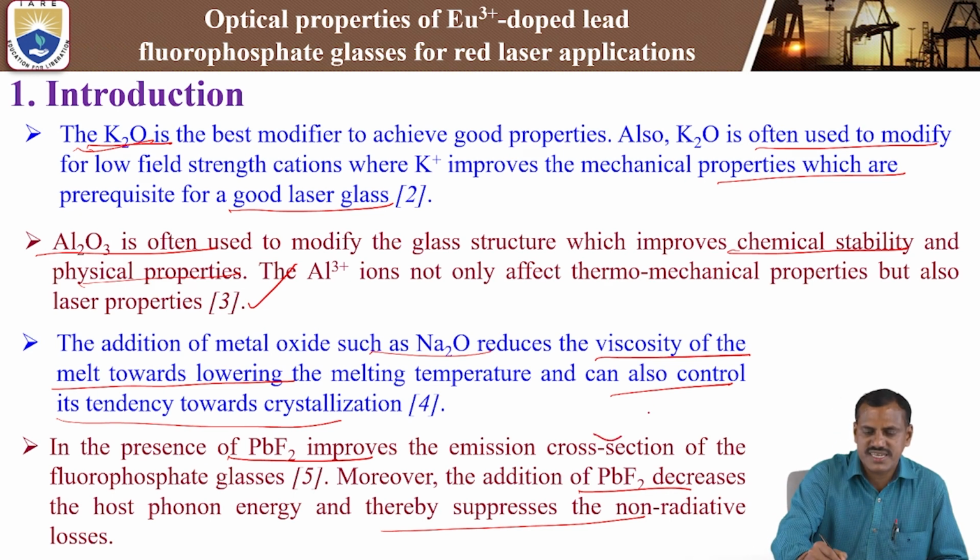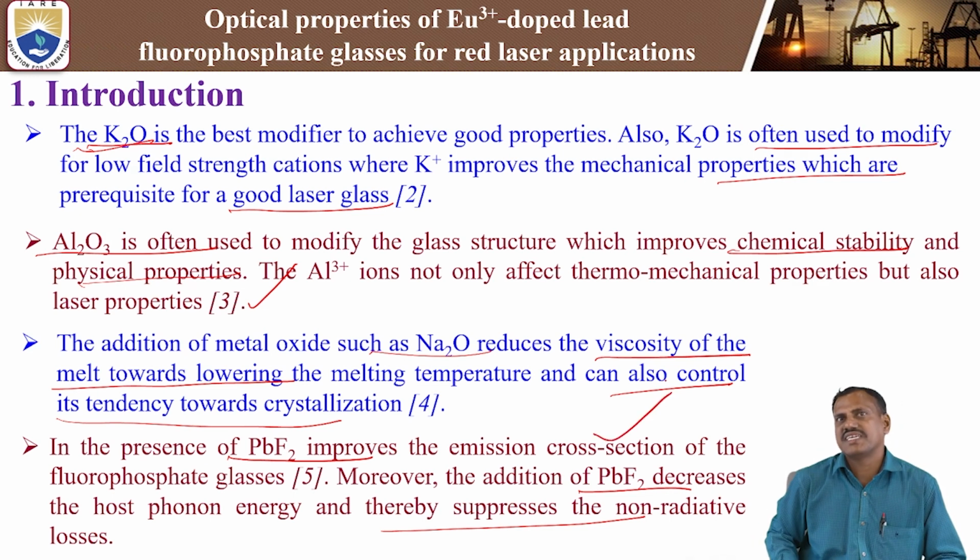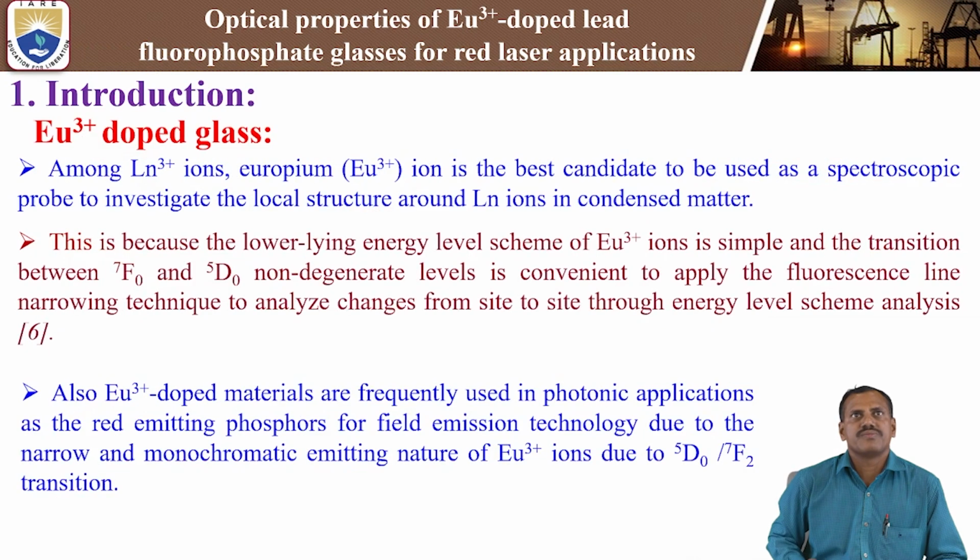At the same time, the emission cross section increases. This is an important parameter in fluorophosphate glasses. Next, coming to the europium 3+ doped glass.